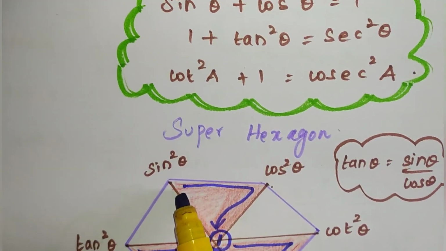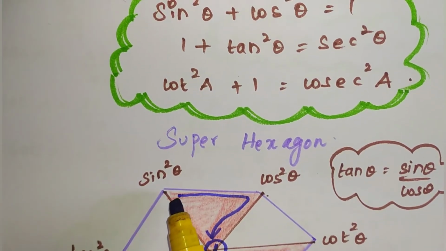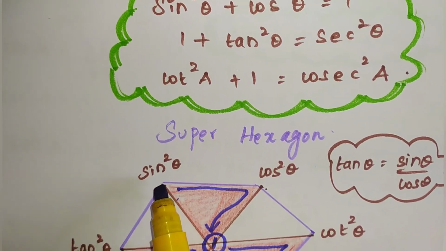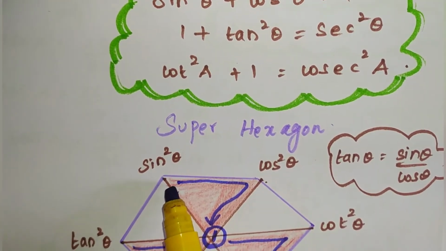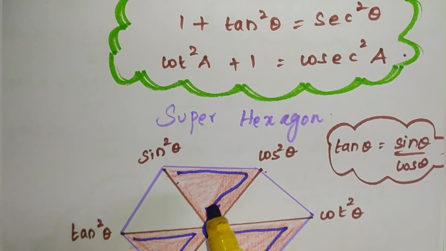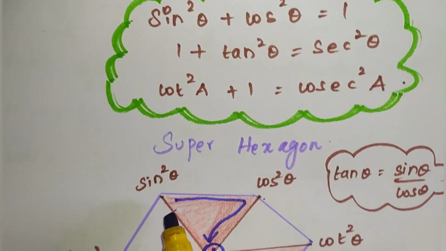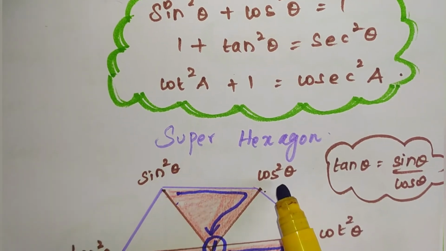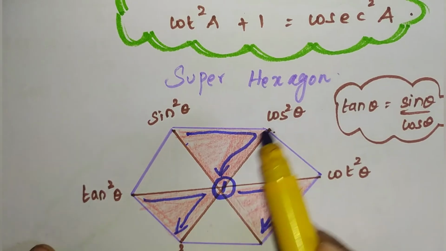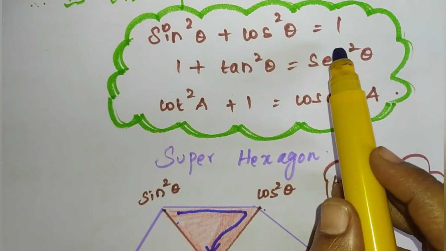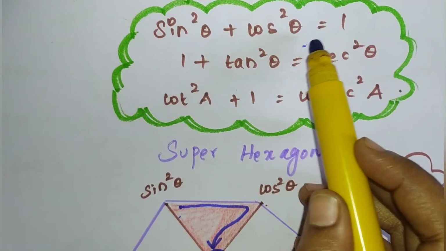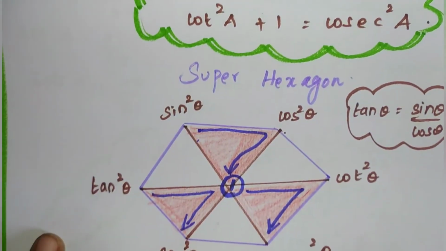Now, first trigonometric identity. The arrow mark starts from sin square theta, goes to cos square theta and ends with 1. So sin square theta plus cos square theta is equal to 1. Clear?